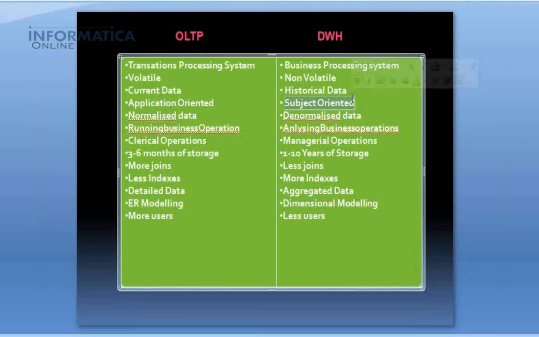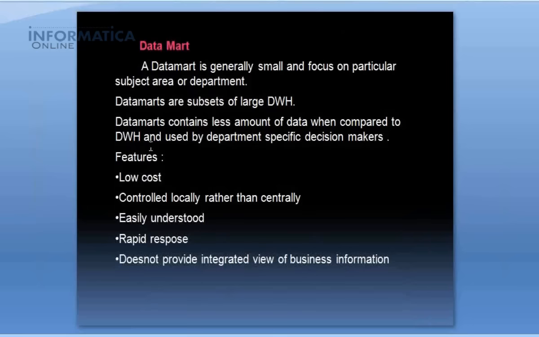We can build a single subject area on finance, where we have the finance related information. We can build a data warehouse on inventories, where it contains only the inventory information. Whenever you build a data warehouse on a single subject area, containing only that subject related information, that is called a data mart.